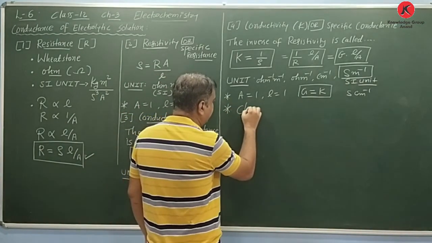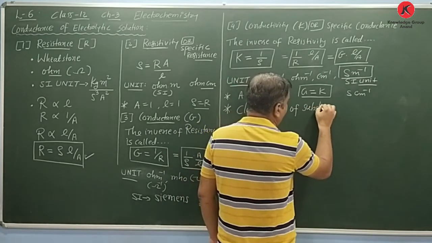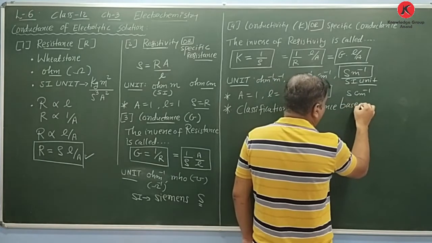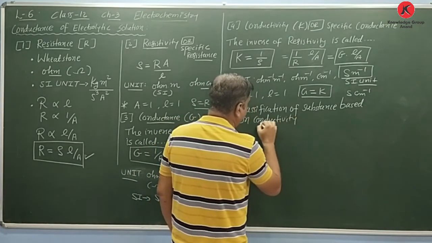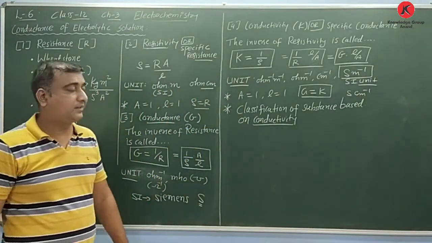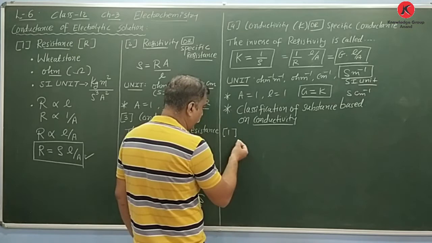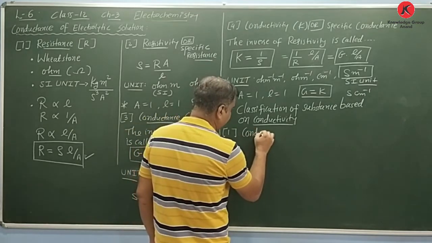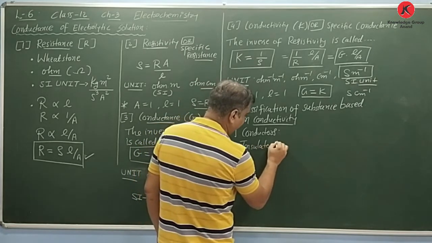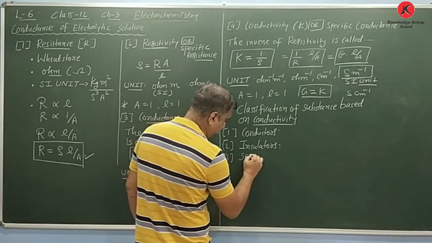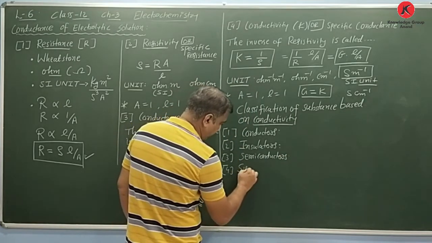Based on the value of conductivity, substances can be classified as: one, conductors; second, insulators; third, semiconductors; and finally, superconductors.